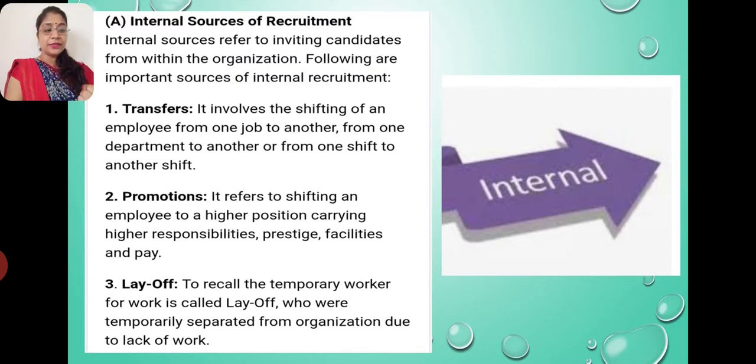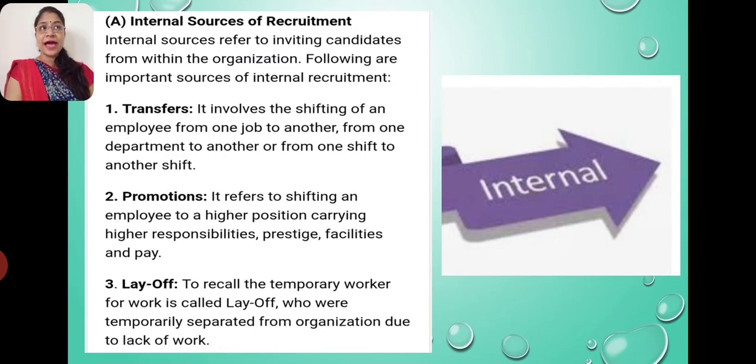For example, the vacancy of general manager can be fulfilled through the promotion of a branch manager. So it's a vertical shifting of a branch manager to a general manager, and it will help in increasing the motivation, loyalty and satisfaction level of the particular employee who gets promotion.